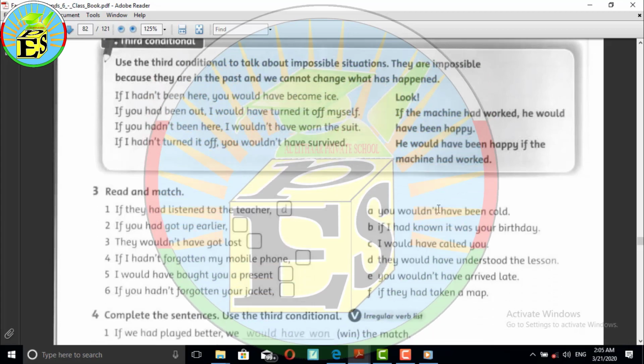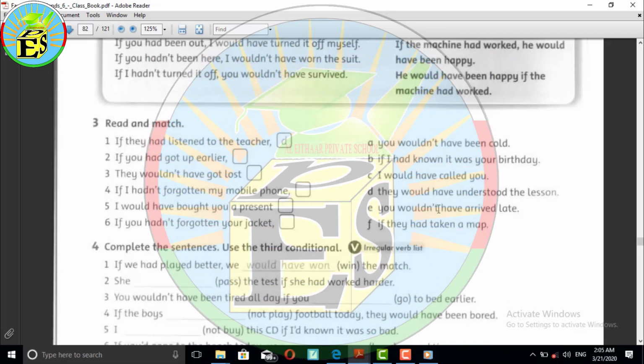And look at the third exercise. Read and match. He gives us the two parts of the sentence. On the first part here, and he wants us to search for the second part from here.